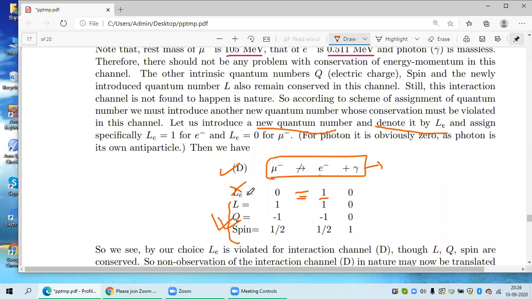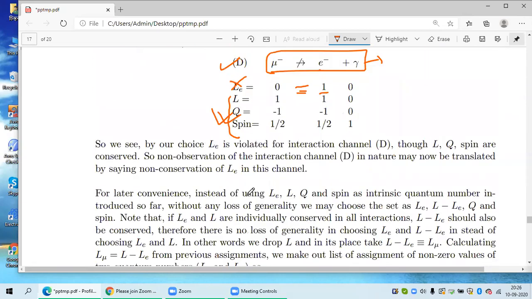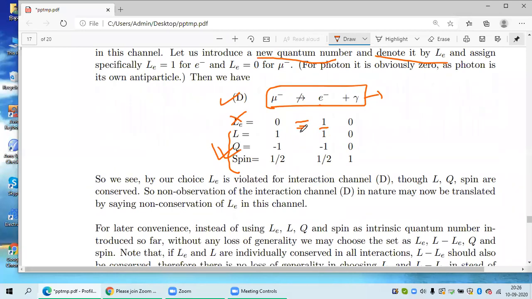If LE is introduced, you can check that LE is 1 for the electron, -1 for the positron, and 0 for the muon. And I don't know what LE should be for this particle X, because X is not in the list. Clear?